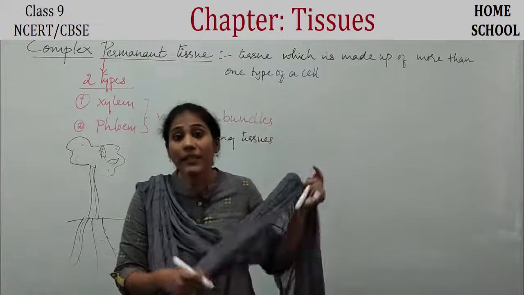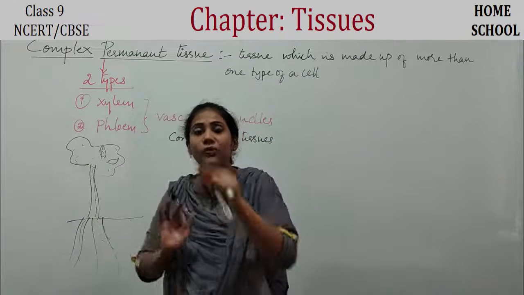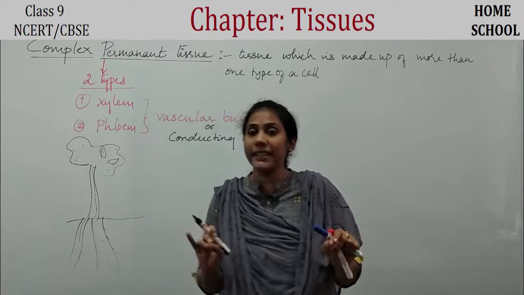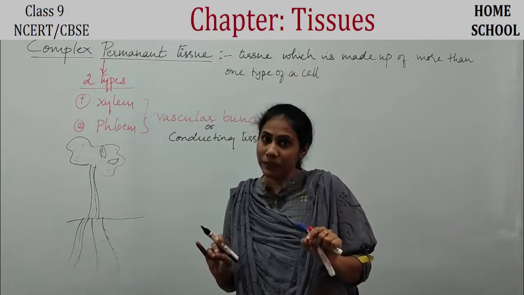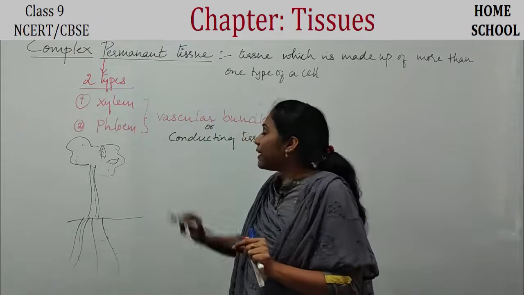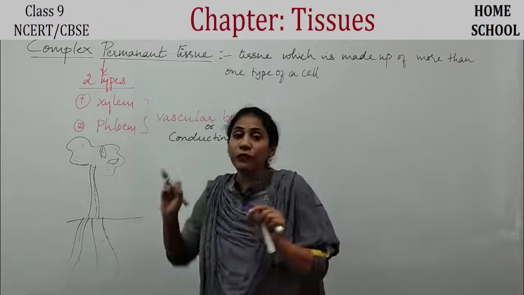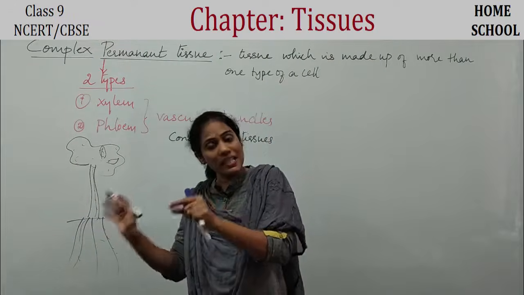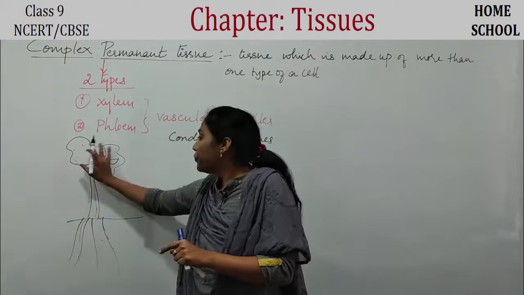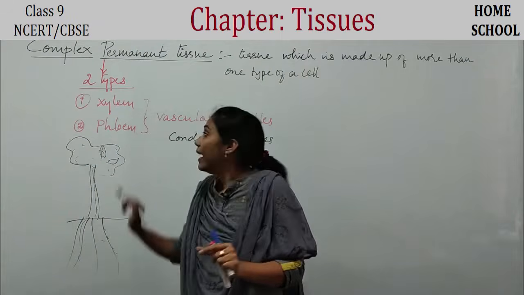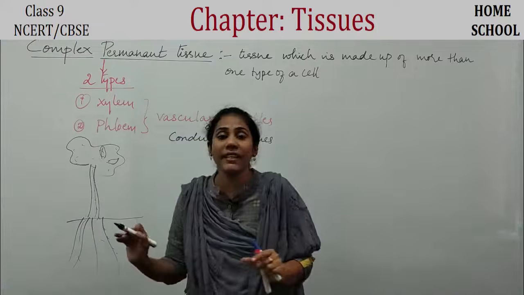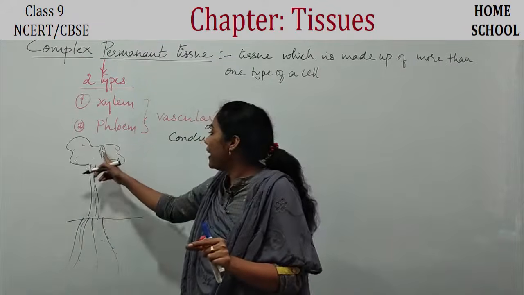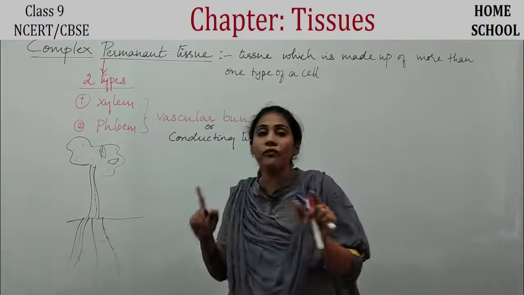So water has to be passed from one place to another place, and food also has to be passed from one place to another place in a plant body. Okay, so actually speaking, xylem is the one which helps in conducting water, which helps in passing water from roots to leaves. Clear? And phloem tissue is the one which helps in passing food from leaves to other parts of a plant.